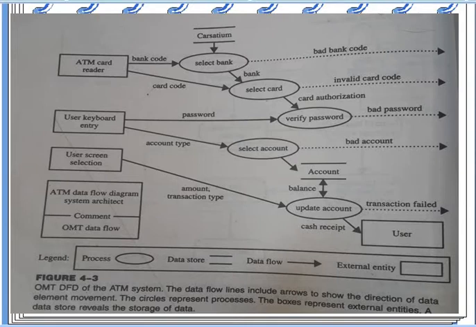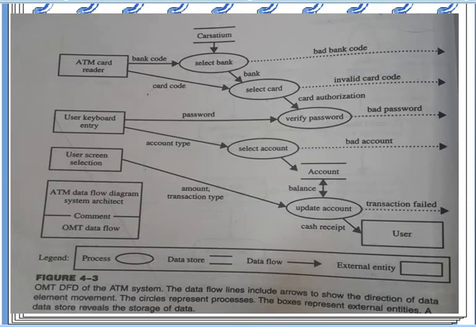Here the same ATM card reader system is shown. Object modeling technique with a data flow diagram of ATM system. Here process, data store, data flow, and external entity are shown.